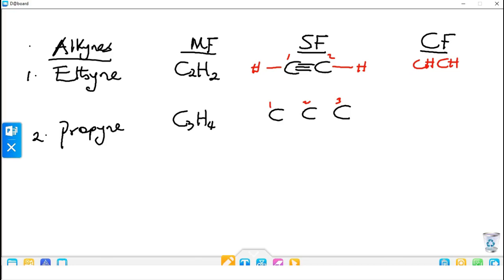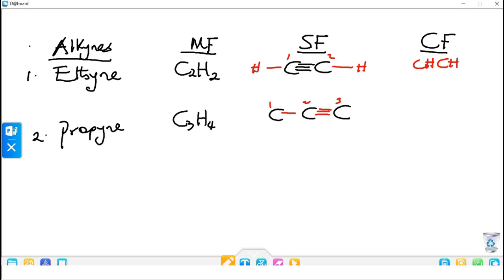Now, if we choose to place our triple bond between carbon 2 and carbon 3, it means that carbon 3 is having a triple bond and carbon 2 is also having a triple bond. Then it means we are going to have just one single bond between carbon 1 and carbon 2. So it therefore implies that carbon 1 is having one bond and it needs 3 more bonds. Carbon 2 is having 4 bonds, so it is not needing any hydrogen.